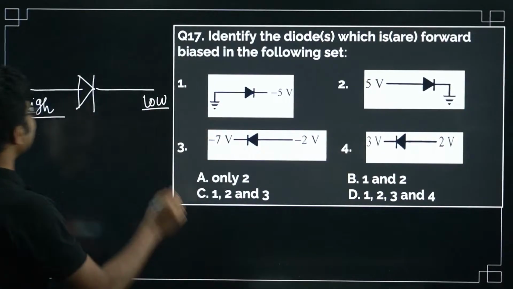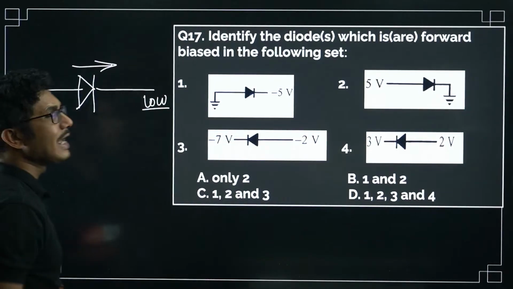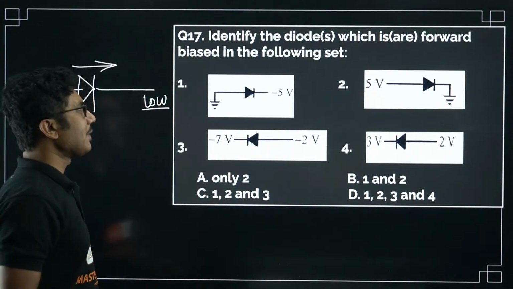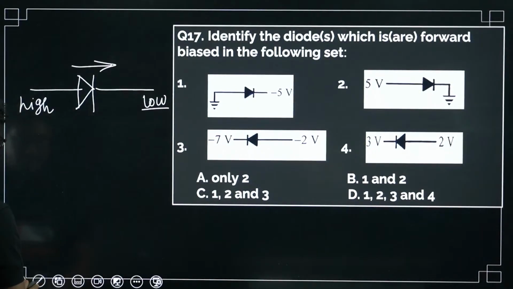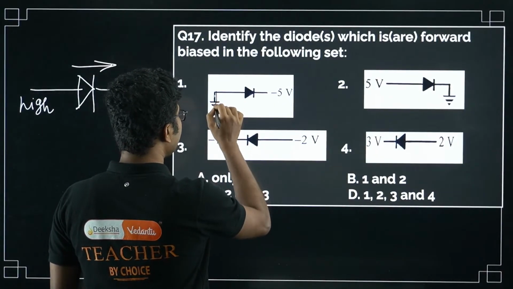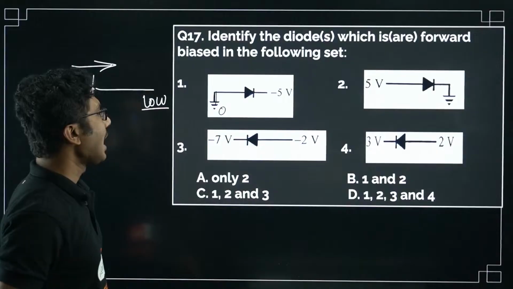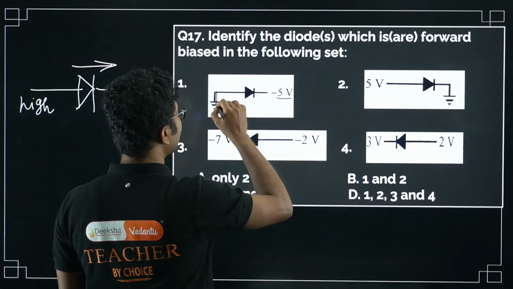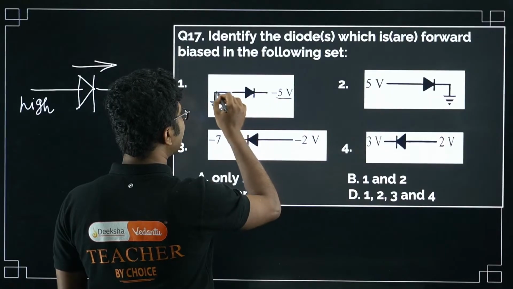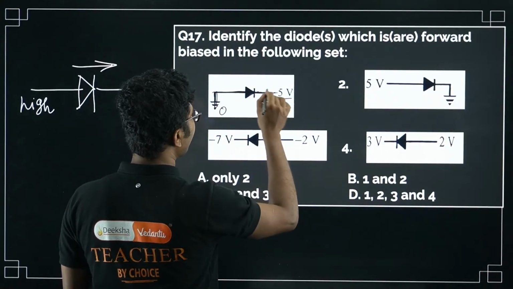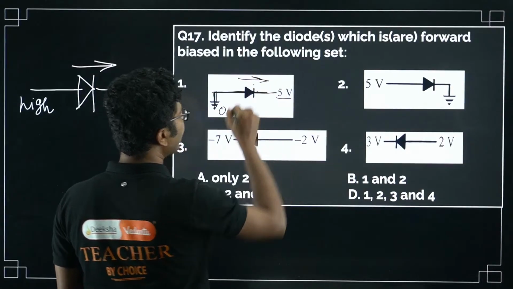If a current is trying to flow from this side to this side, is it flowing or not? For example, I am giving you one hint. In the first diagram, this side is 0, this is ground, meaning 0 potential, and this side is negative voltage. So current will try to flow from 0 to negative.